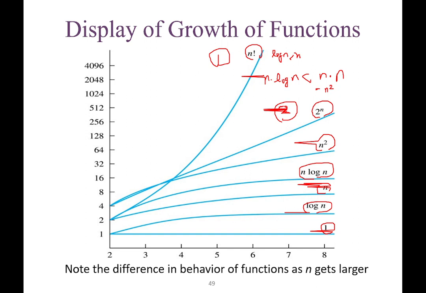For example, 2 to the power of n, 3 to the power of n, 100 to the power of n. Then we have the polynomial function: n to the power of 2, n to the power of 3. Then we have the logarithm function. Then we have the constant function. Once you can divide different functions into these 5 categories, it is easier to determine their growth.